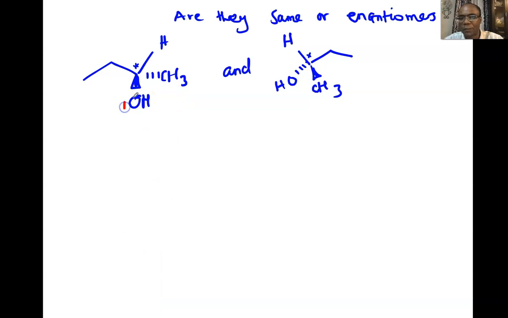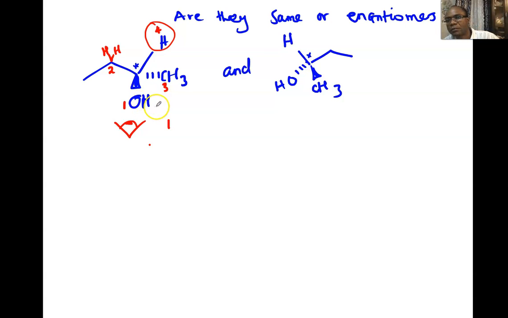So oxygen gets priority 1, hydrogen priority 4. Obviously here it's CH2, which means this carbon is more substituted than the CH3. So this gets 2, this gets 3. Otherwise you can find the tiebreaker the long way. So because hydrogen is on top, our eye should be down here, which means, looking at the molecule this way to keep our group away, the numbers will be 1 on top, I think, 2, let's see who will be on top.